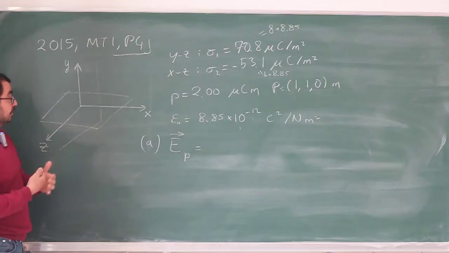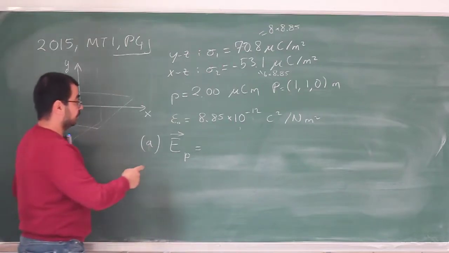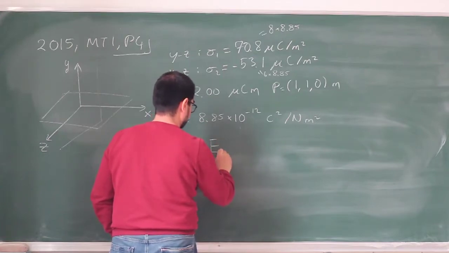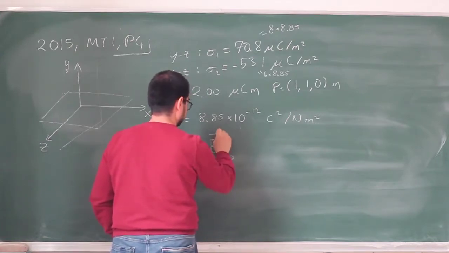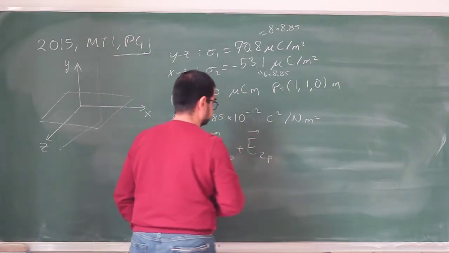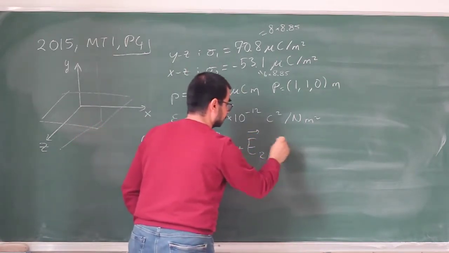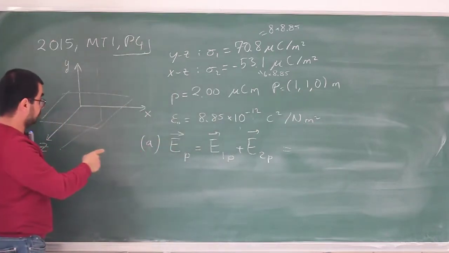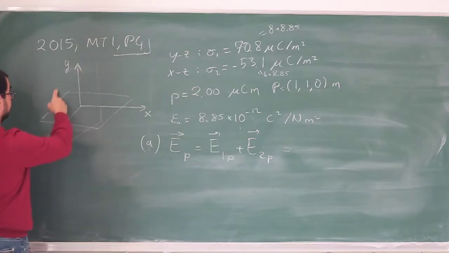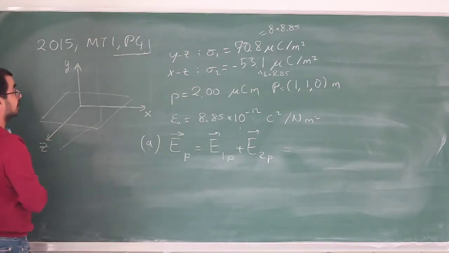So we can calculate the electric field at point P as the electric field produced by the first plate at point P plus the electric field produced by the second plate at point P. The first plane is the one in the YZ plane, so it is going to produce at point P something in the positive X direction.